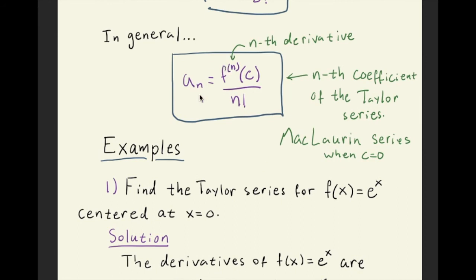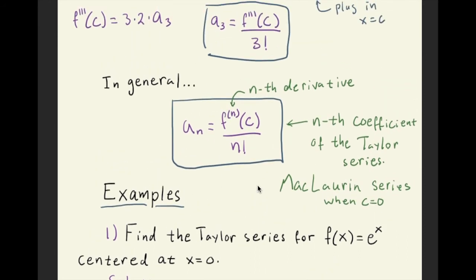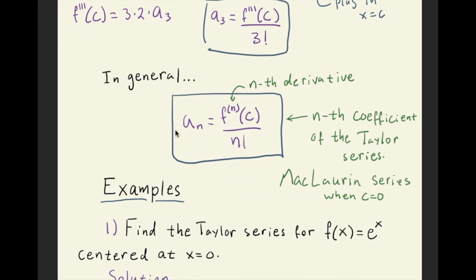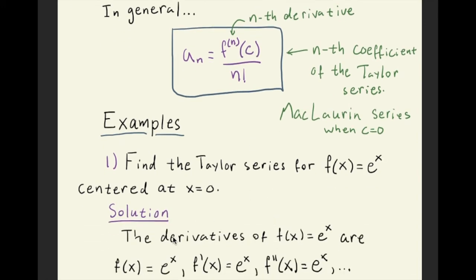We're going to use this formula to compute the coefficients. To find the Taylor series, basically all you need to figure out is what the coefficients are, because I already told you what the center is. To figure out these coefficients, you need the derivatives of your function and to plug in c into them. So first thing is figure out the derivatives of f of x equals e to the x.